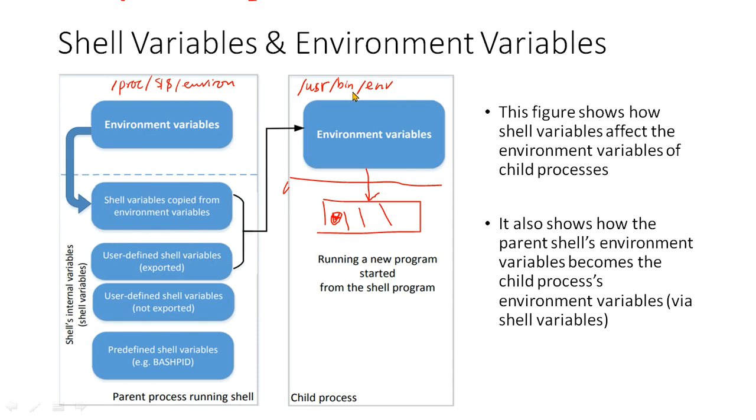When a new process runs, it copies everything that we exported here and the copy of the original shell variables here. It creates the new environment variables for the child process. So whatever we change here can change the environment variables, but only of the child process. We cannot change the environment variables of our own process.